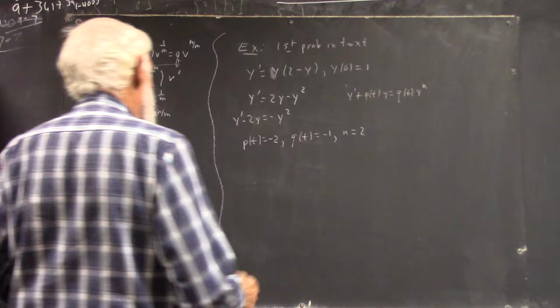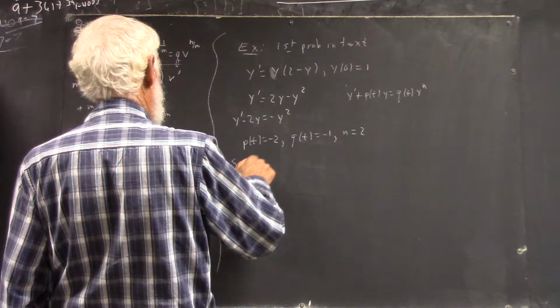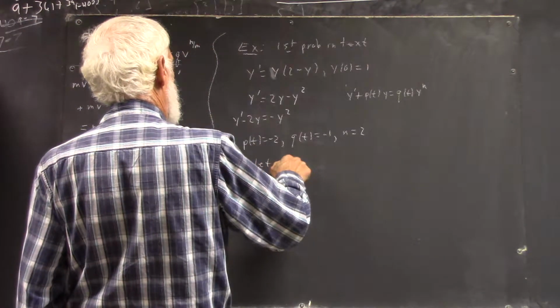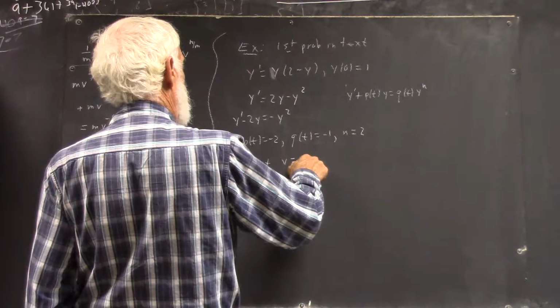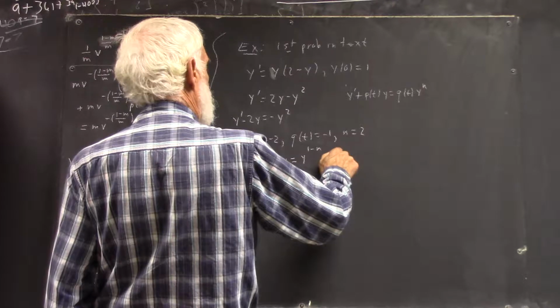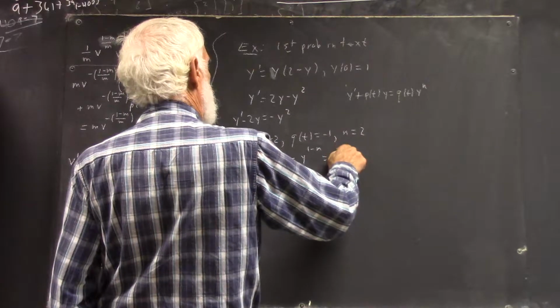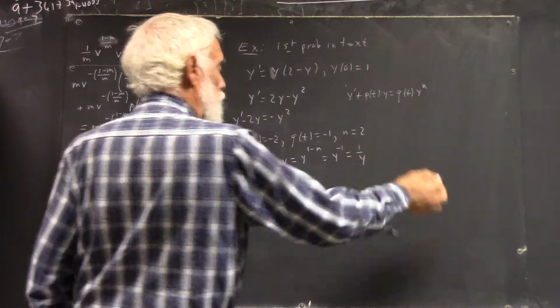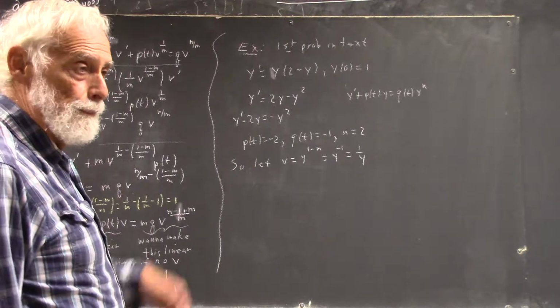Okay, well, so we're going to let v equal y to the 1 minus n, which equals y to the -1, or 1 over y, whichever form we choose to use. Okay?